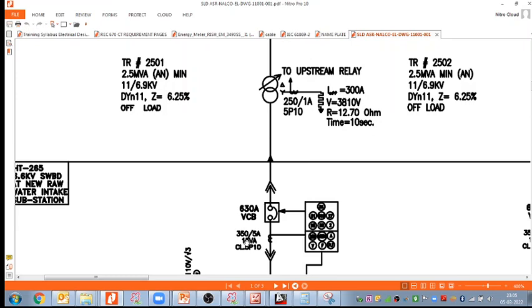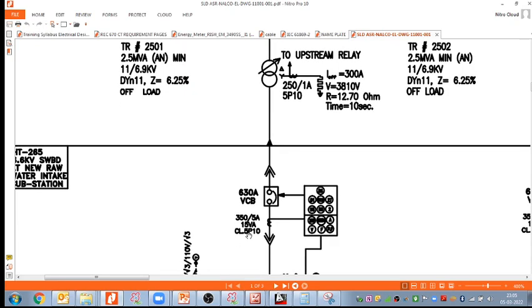15 VA burden we can calculate based on this cable burden plus this relay burden. This 15 VA burden we can calculate, and class is just the selection, not the calculation. And we have selected 5P10, meaning 5% error at 10 times the current. But please take 5P20, it will be better.